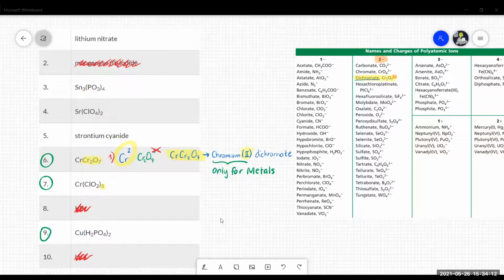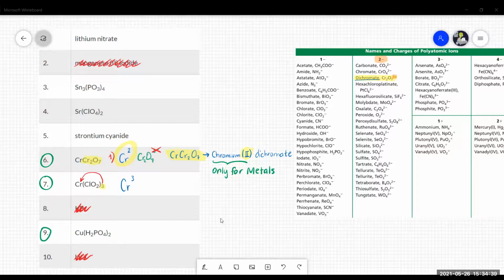So this 3 is coming from a place. This 3 is actually coming from chromium. Okay? So here is a little bit easier because the 3 indicates that the charge of the chromium is 3.